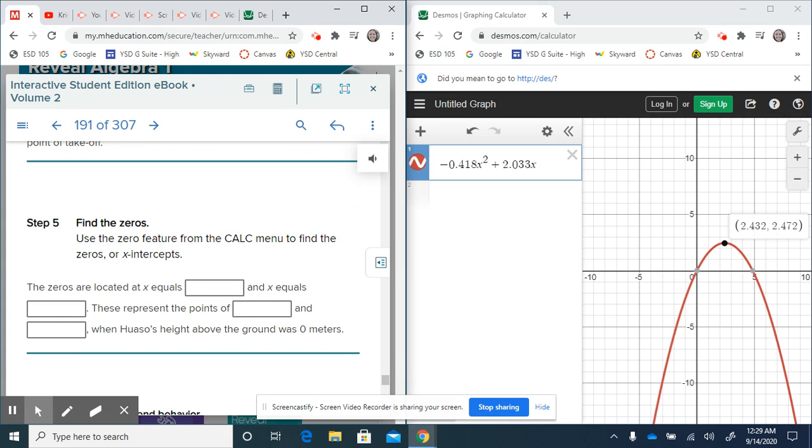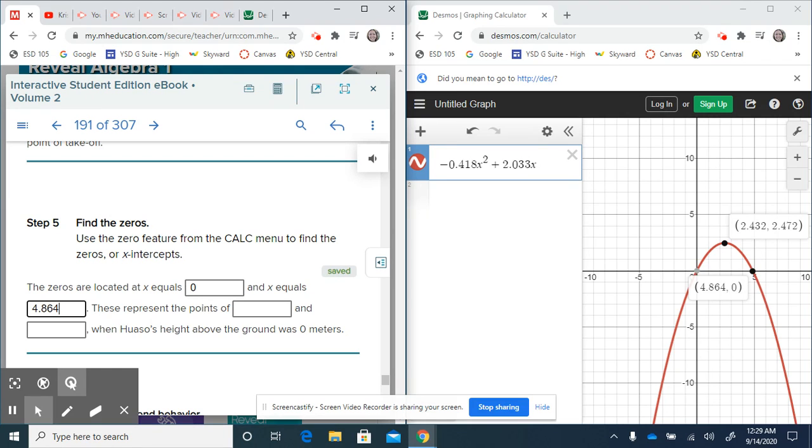So if we want to find the zeros, if we had a graphing calculator, like a handheld one, we would want to go to our calc menu and find the zeros or the x-intercepts. But here, if we just use our Desmos, we can look and see the zeros are going to be located at x equals 0 and x equals, you can look at where it crosses the x-axis at 4.864.